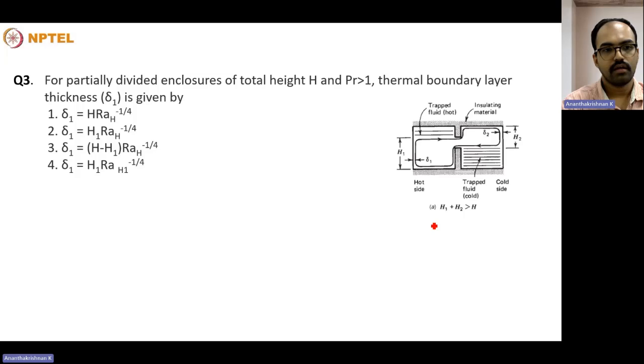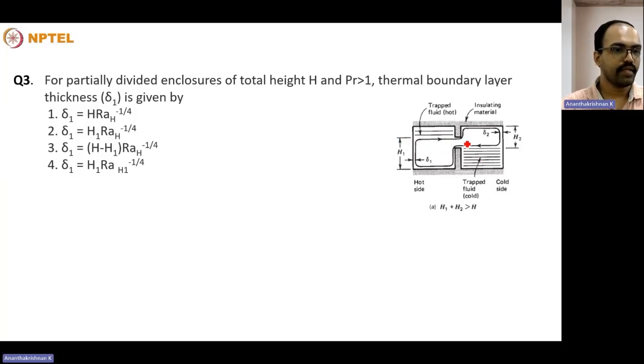So the boundary layer thickness from the left wall will be hot. There will be two vertical sides, hot side and cold side, and the entire domain will not be participating in natural convection. There will be a trapped region on both sides, as you could see in the figure. There's a trapped hot fluid and a trapped cold fluid here.